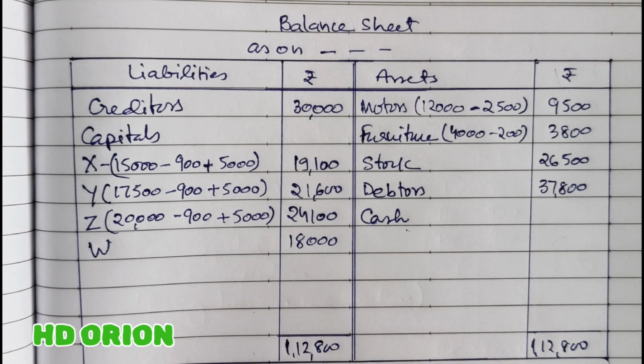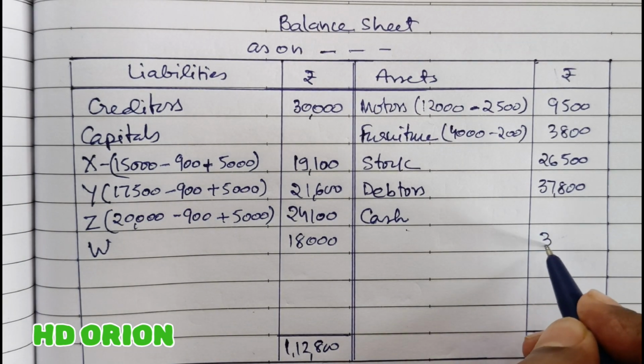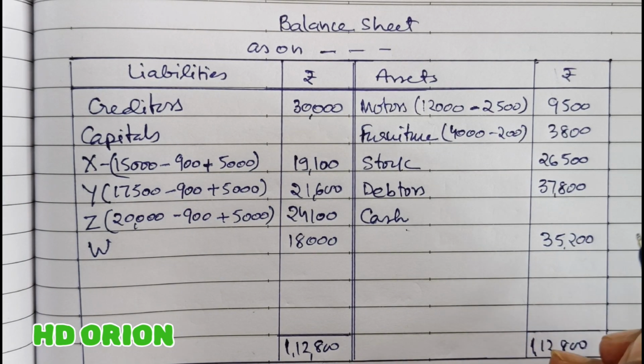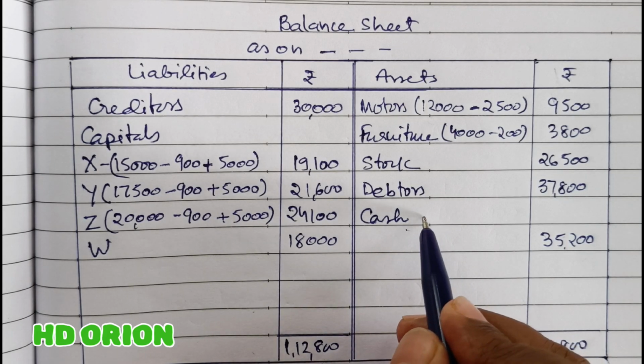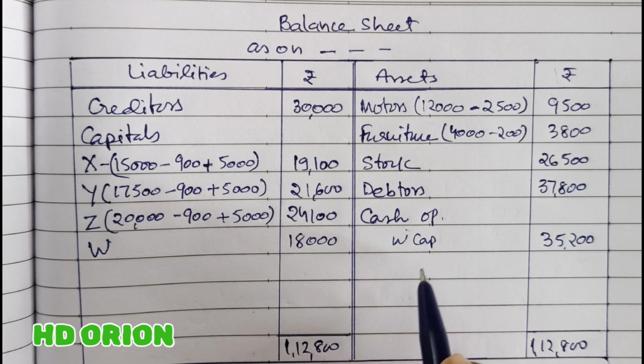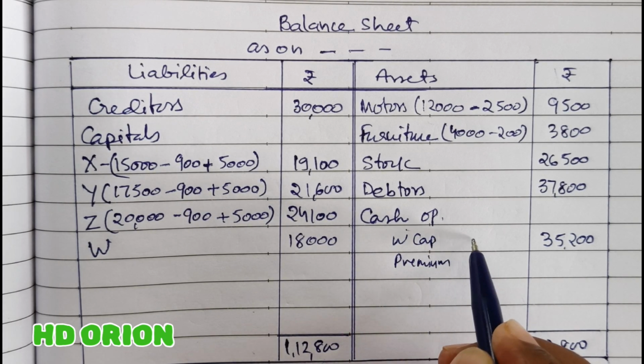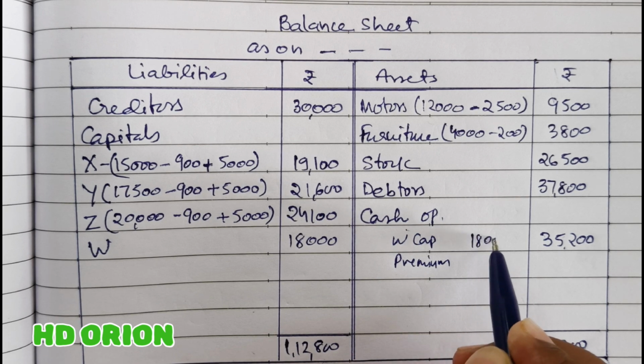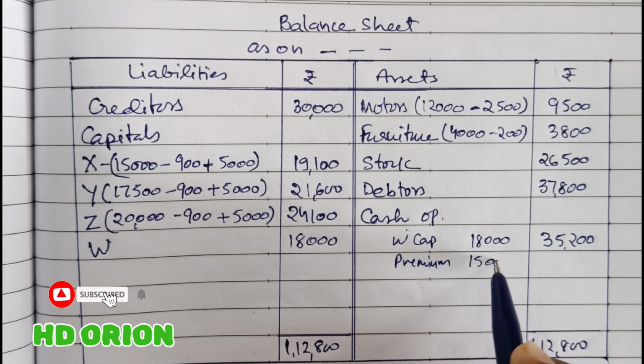And the amount is 35,200, which comprises of three things: opening balance, W's capital, and premium for goodwill. We know that capital is of rupees 18,000, premium for goodwill is 15,000.